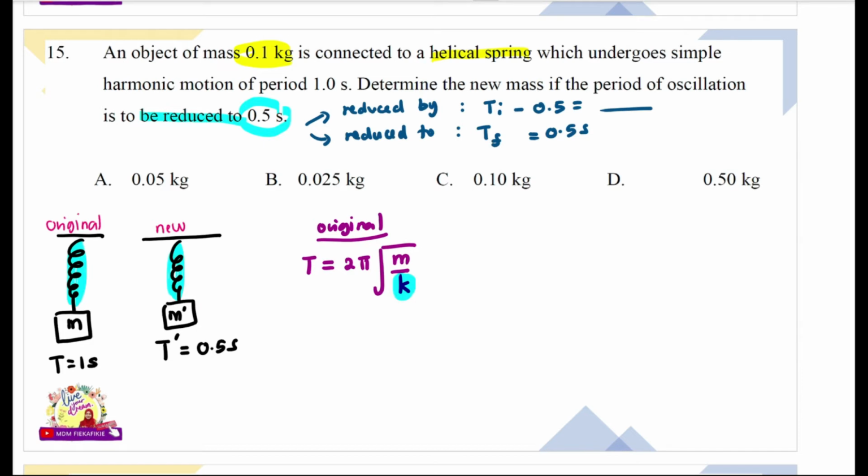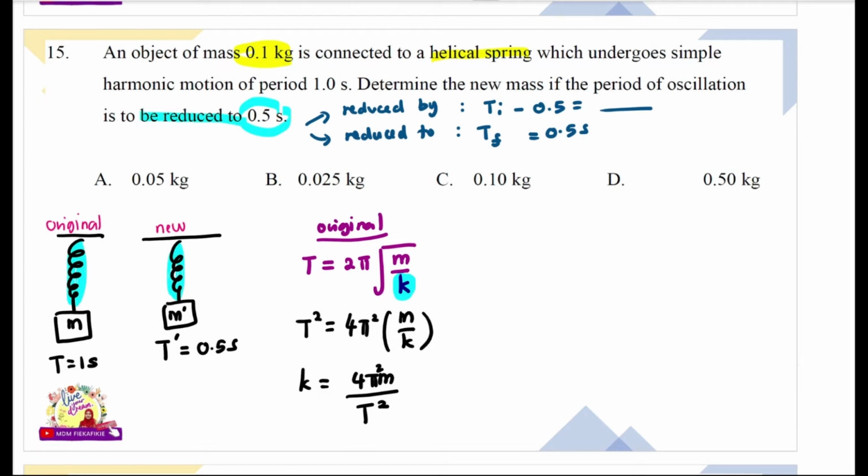Okay, so dia akan jadi apa? Okay, saya simplify this equation. Saya nak hilangkan square root dia. So this one should be 4 pi squared M over K. Okay, so saya akan tulis K is equal to 4 pi squared M over T squared.